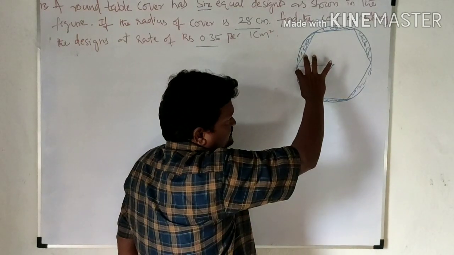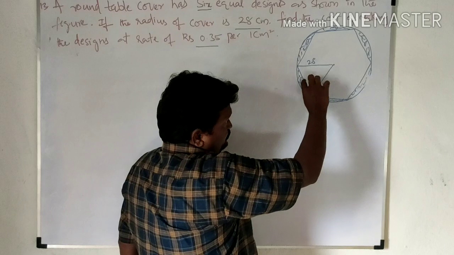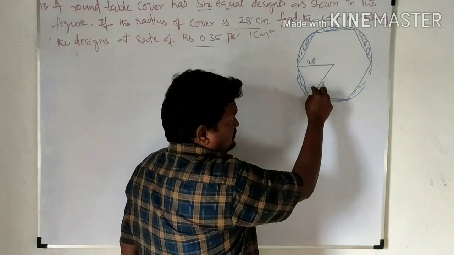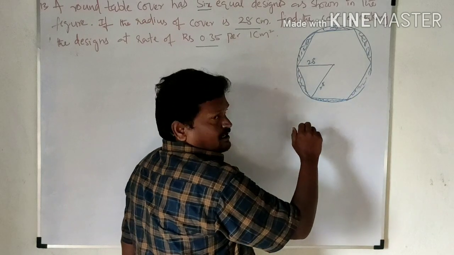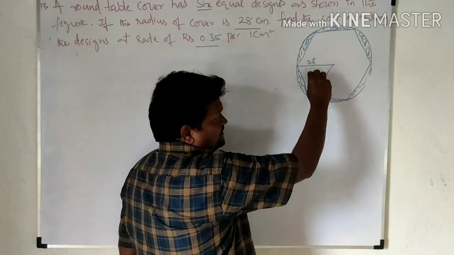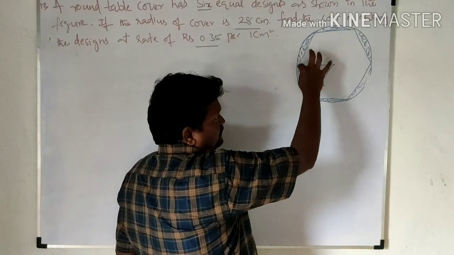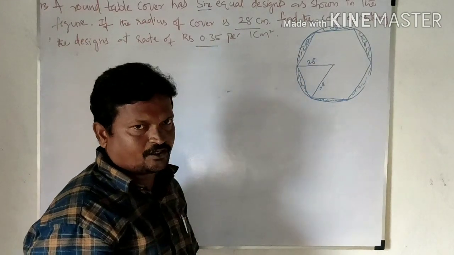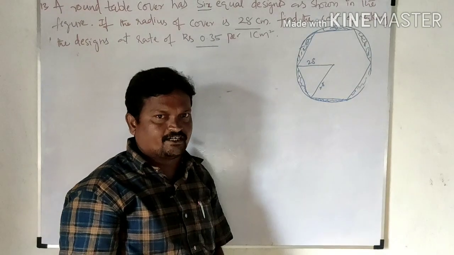How can we get this area? If we find the area of this sector and the area of this triangle, and subtract the area of the triangle from the area of the sector, we get the area of the design part, the minor segment.